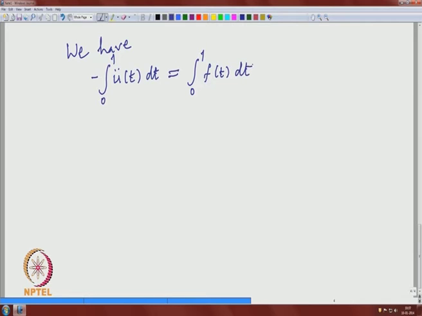This is from the differential equation, and the left hand side we can just integrate, and find that this is minus u dot(1) plus u dot(0), and that is gamma 1 plus gamma 0.